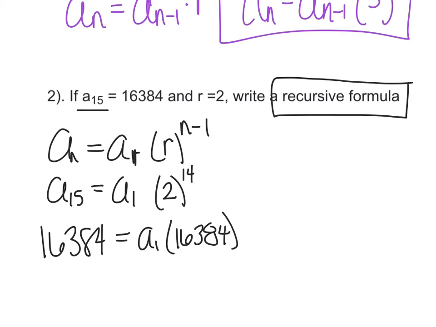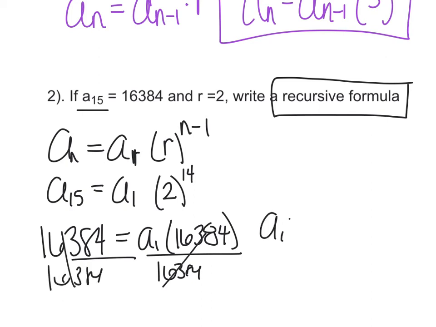So now I can go solve for a sub 1 by dividing that out. And I know that my a sub 1 is equal to 1. So now I can write my recursive formula. I know my first term, a sub 1 equals 1. And then my formula is a sub n minus 1 times the ratio, which is 2.